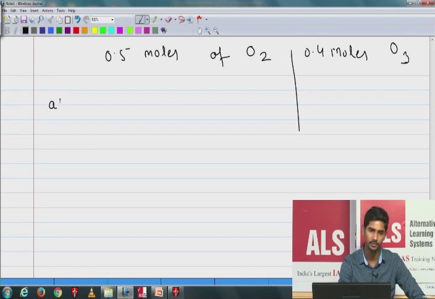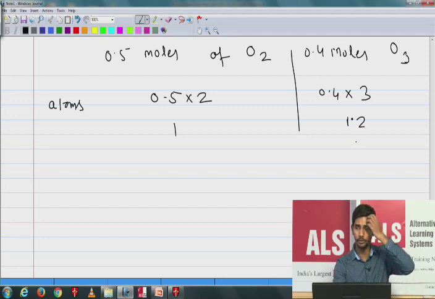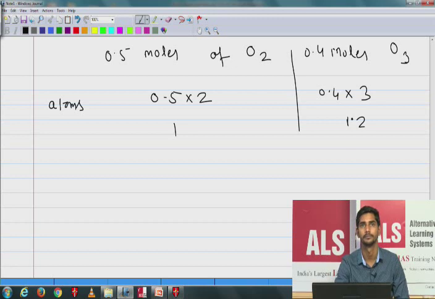Asking for the atoms, what will you do? 0.5 into 2 and 0.4 into 3. It will be 1, and this one will be 1.2. So obviously O3 contains a higher number of atoms over there. Now clear?